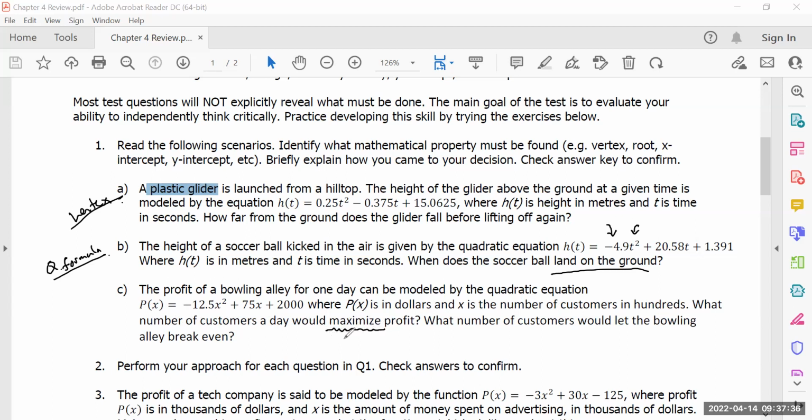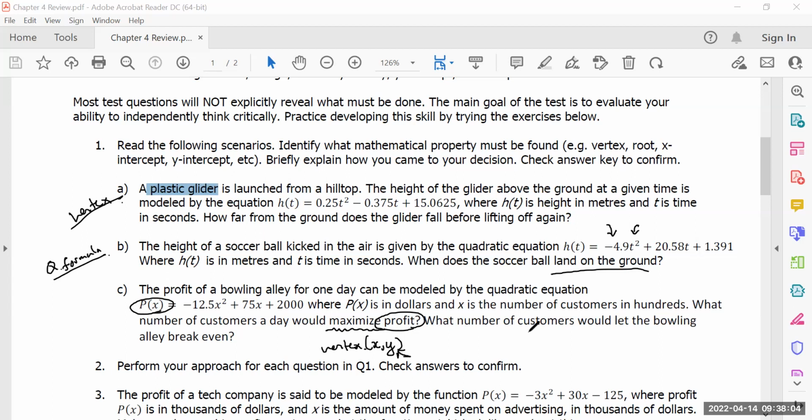If I want to solve for a maximized profit, the keyword maximize means I need to find the vertex. And when you find the vertex, you'll find x and y. Which of these numbers, x or y, refers to profit? Well, profit is P. It's going to be the y value.